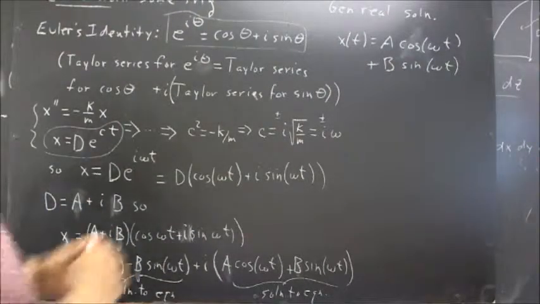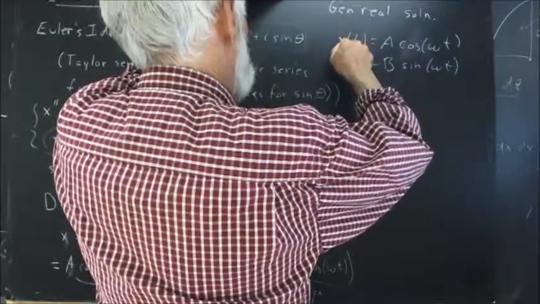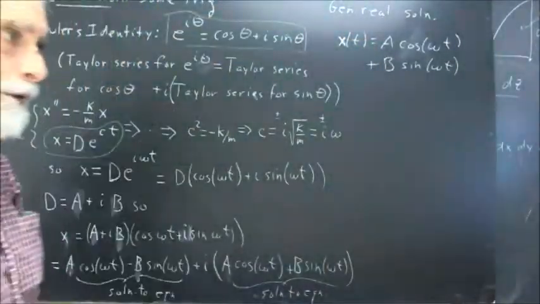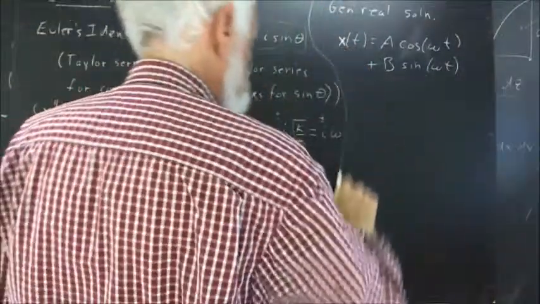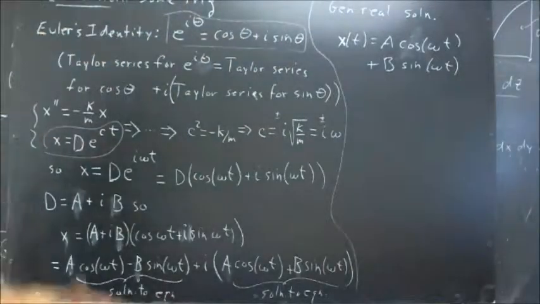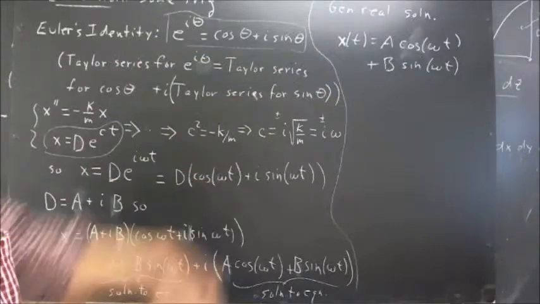Now, I haven't proved that this is the only possible solution. It is, but that takes a little more work. You really have to get a little bit into the theory of differential equations, and that's beyond the scope of this calculus-based course. So there's our general real solution.